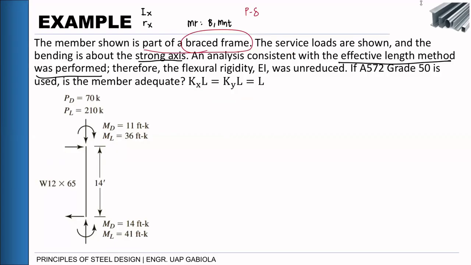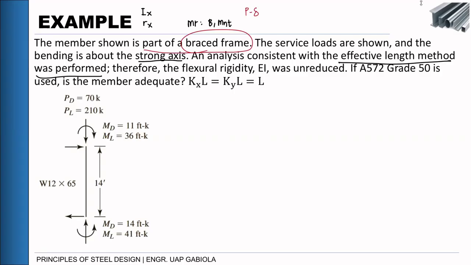Right. So, what do we need to do first? To start the calculation for this problem, first we need to identify the ratio for the interaction equation. We need to determine which equation applies, whether the one with reduction on the moment or the one with reduction on the axial load.